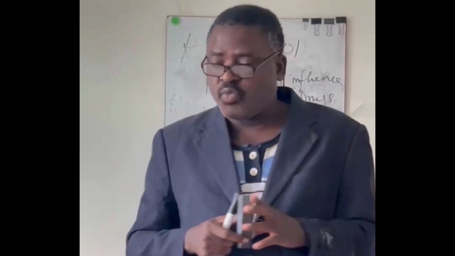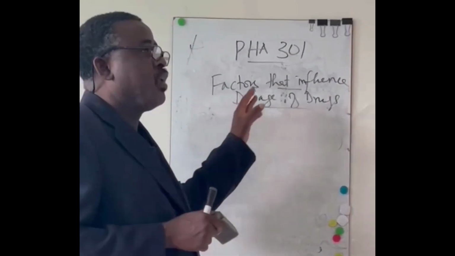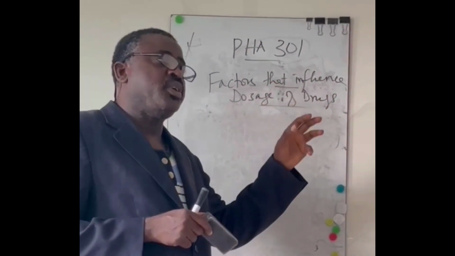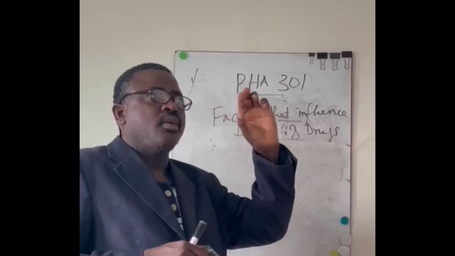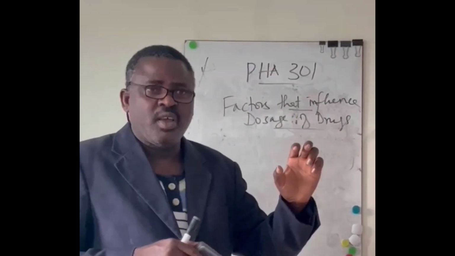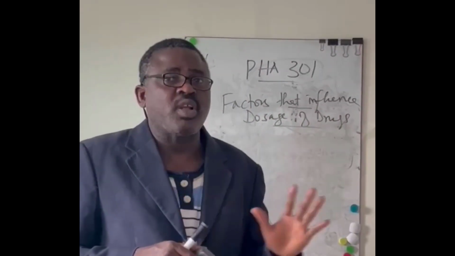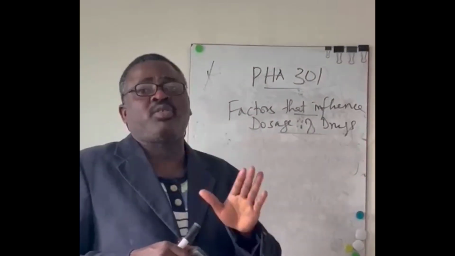So with all this, we are trying to let us know that if we want to talk about drug and dosage, do not put in your head that it must be constant. And I'm telling you now what will make it not constant.